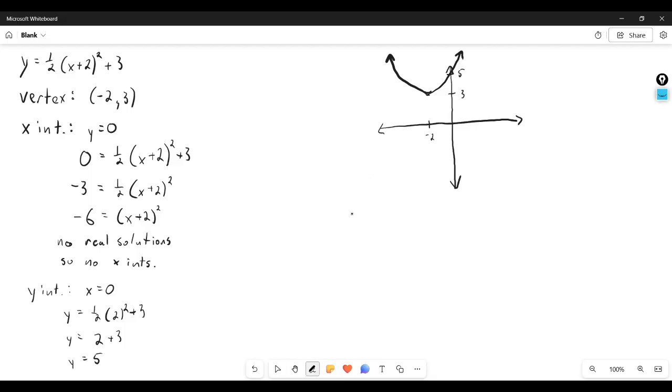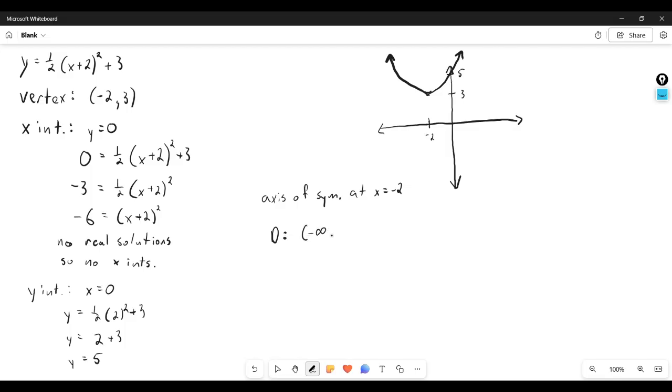We can find the domain and range for this. Well, first of all, the axis of symmetry is at x equals -2. Domain, same as before.